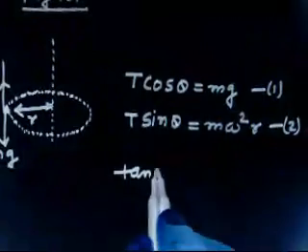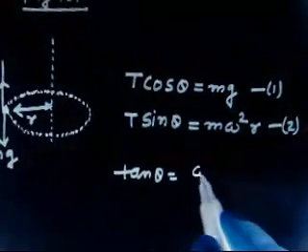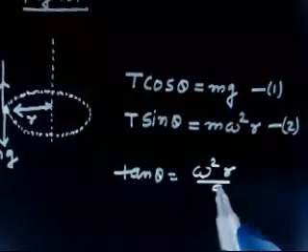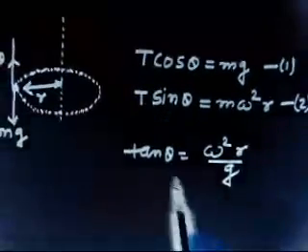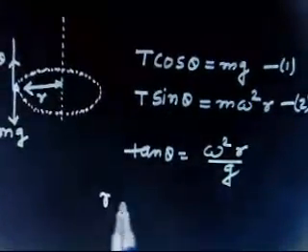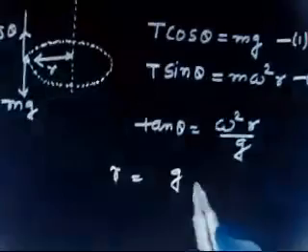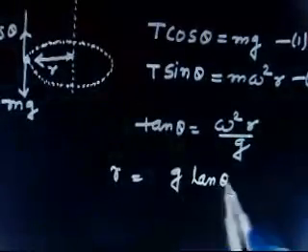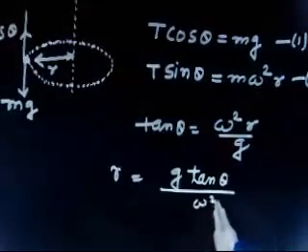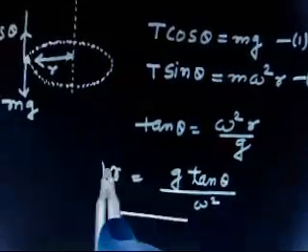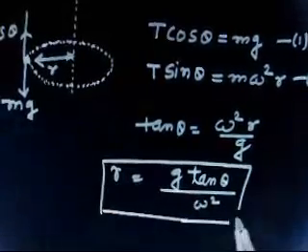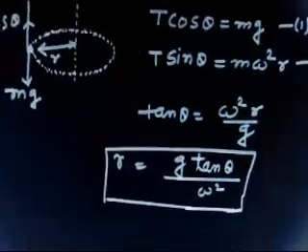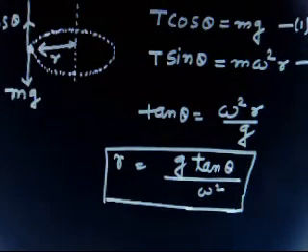So if you divide these two, I will have tan theta equals omega square r by g. Theta is given to you, so r will be g tan theta by omega square. So this is the radius in which the CG of the chain system is moving in the circle: g tan theta by omega square.